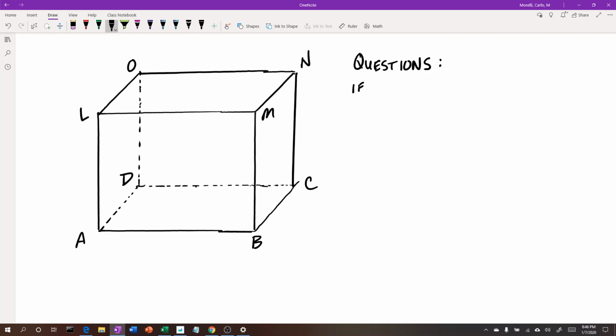If AB equals 6 inches, BC equals 3 inches, and BM equals 4 inches. Find the following.